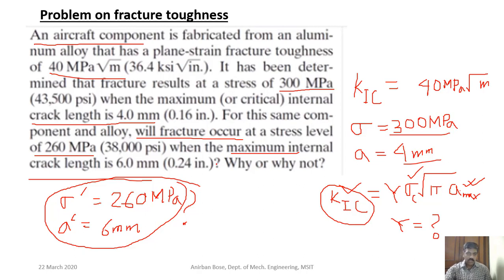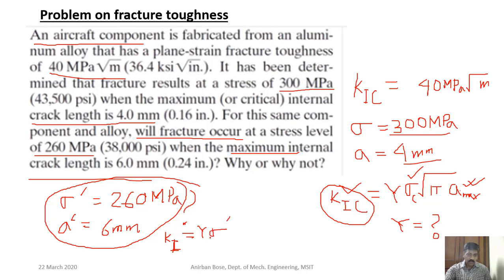Okay, since every condition remains the same, write the same equation and find out the K1 stress intensity factor, and check whether it is more than the fracture toughness or not. So what is K1? It is Y. Put the same Y that you got from the first part of the problem.